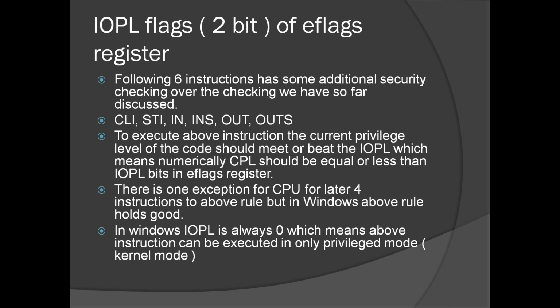To execute these instructions, the current privilege level of the code should meet or beat the IOPL, which means numerically CPL should be equal to or less than the IOPL bits in the EFLAGS register. In Windows, the IOPL, the IO privilege level, is always equal to 0, which means to execute the above 6 instructions you need to be in kernel mode, or your CPL should be 0.